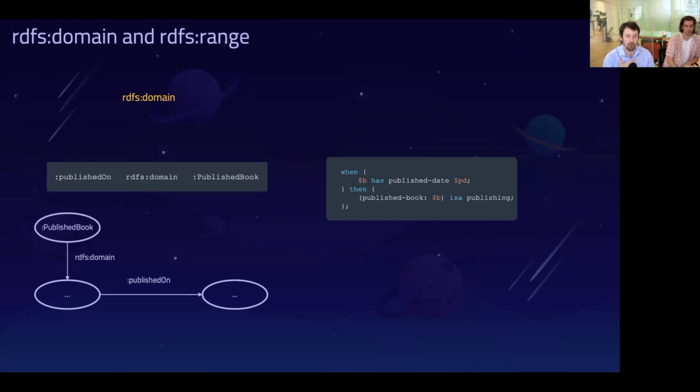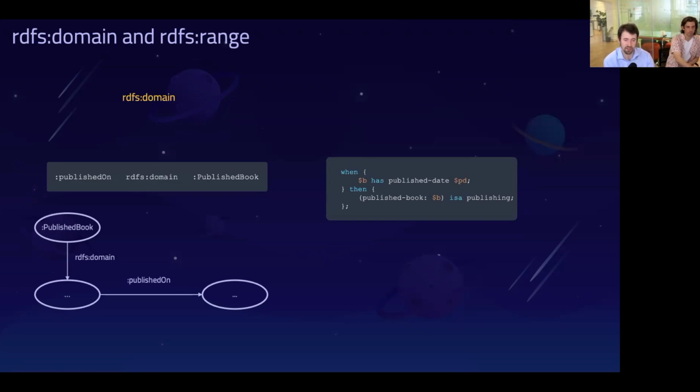For example, if we wanted to represent a type of domain here, of RDFS domain, for example, if we were saying that if someone has published a book, we want to attach to the class published book, then rather than thinking of it as giving it a class, we give it a role. So here we can create a rule that effectively mimics what RDFS domain is trying to do.